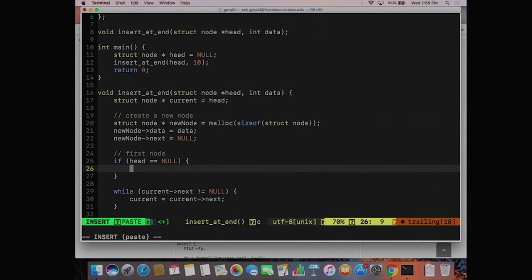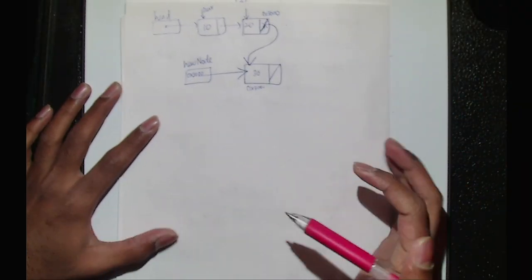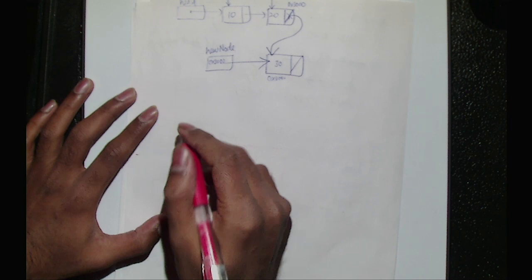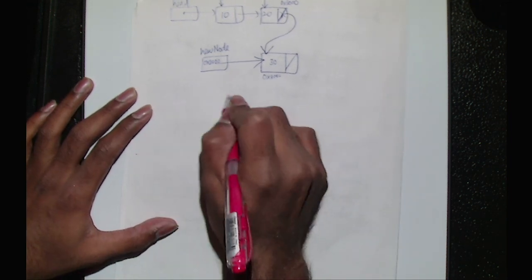So the element that we are adding is the first element in the linked list. And in order to add this element to the linked list, what should happen really? Just think about it. Exactly. So we should repoint our head to the new node.